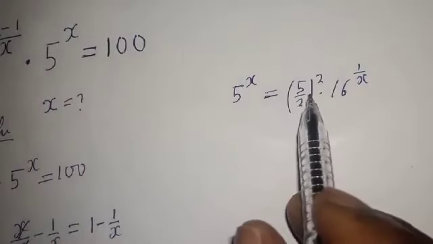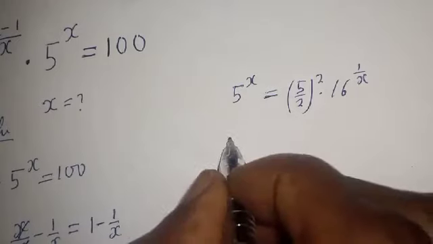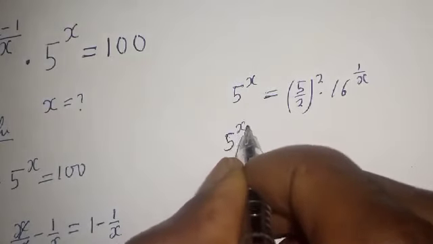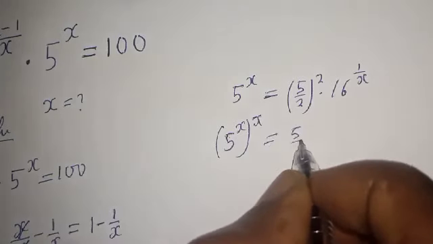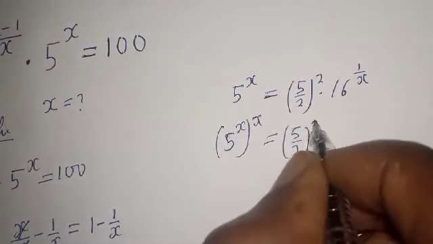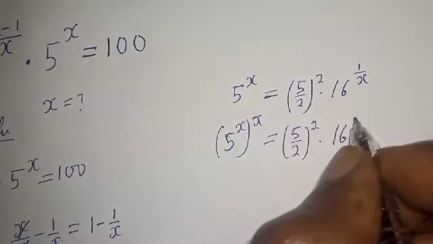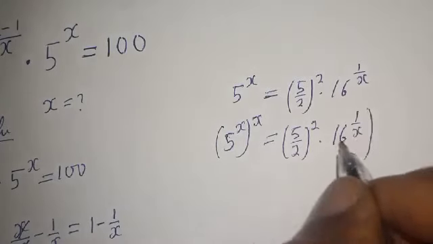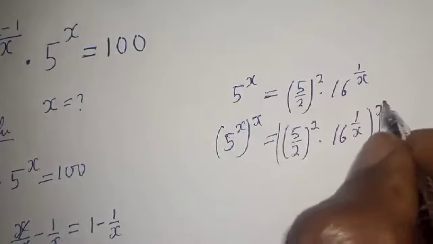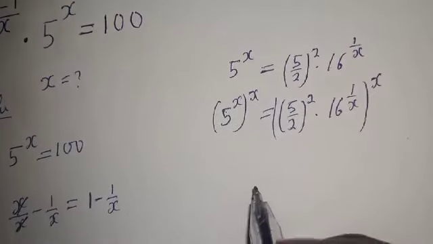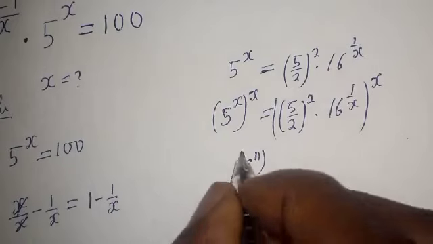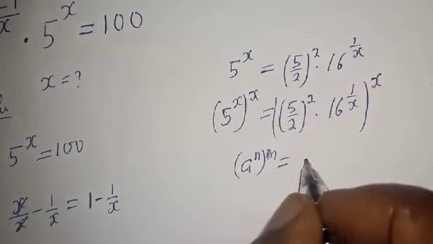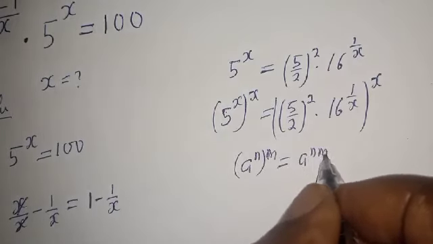Let's raise both sides to the power of x, that is 5 raised to power x to the power of x is equal to 5 over 2 squared multiplied by 16 raised to power 1 over x, to the power of x. Now from this rule that if you have a raised to power n to the power of m, this is equal to a raised to power nm.